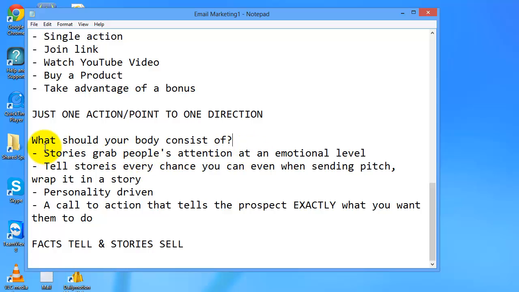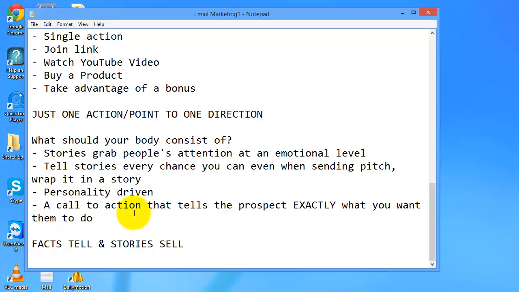We also discussed what your body copy should consist of. It should grab people's attention, and stories are the best at grabbing attention. Tell stories every chance you get. Wrap your pitch in a story, and it should be personality driven.